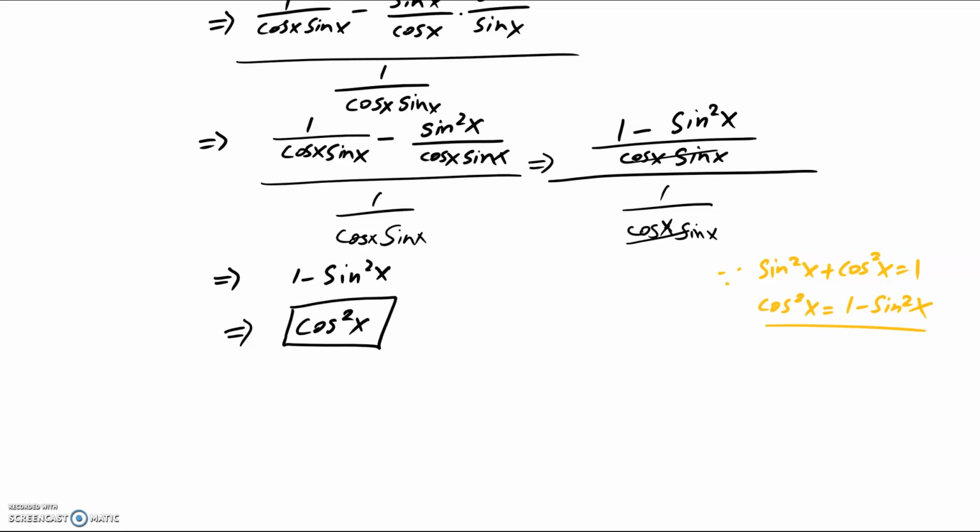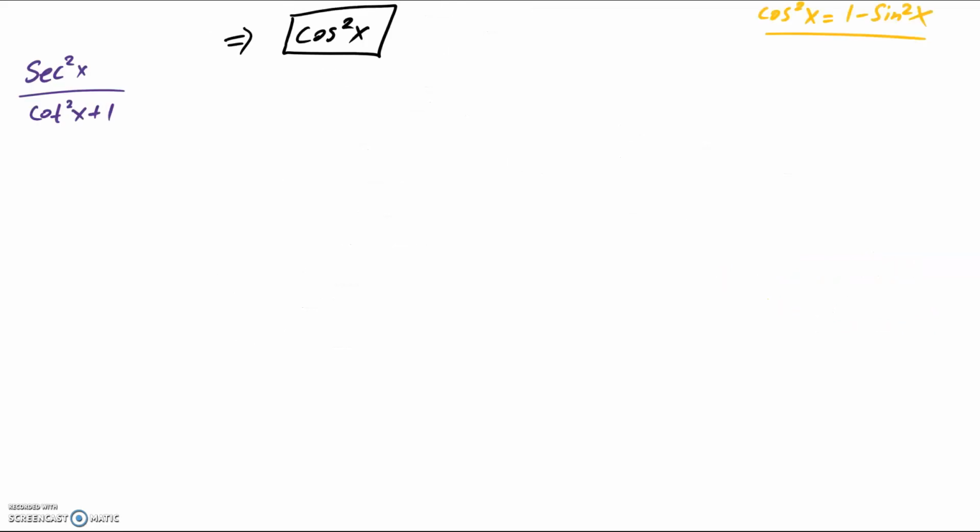Now look, whenever you have squares on your trigonometric functions, most likely you are going to use a Pythagorean identity to simplify the expression. Alright, now we have this expression: secant squared x over cot squared x plus 1. Again, as I told you in a previous question, whenever you have a squared form, most likely you are going to use a Pythagorean identity.